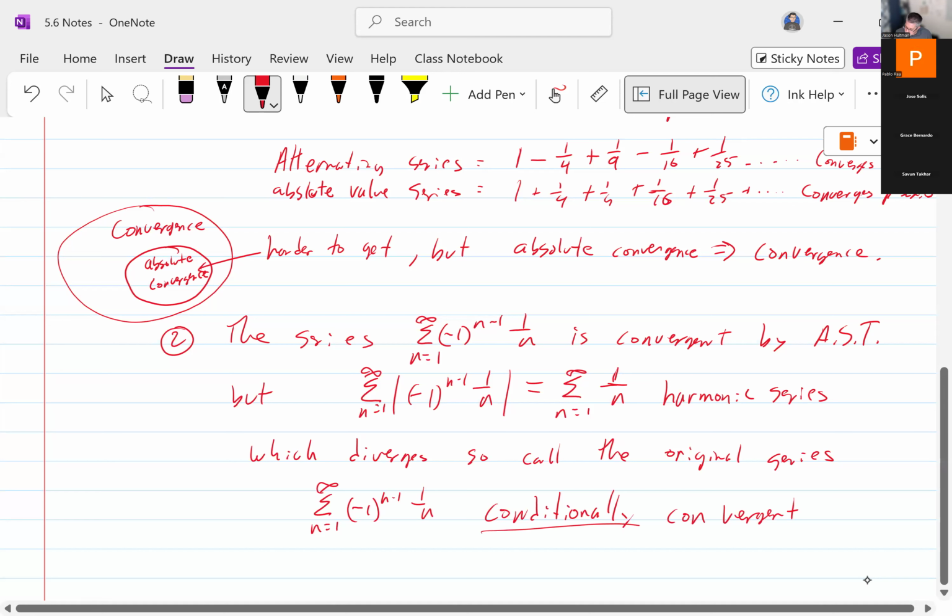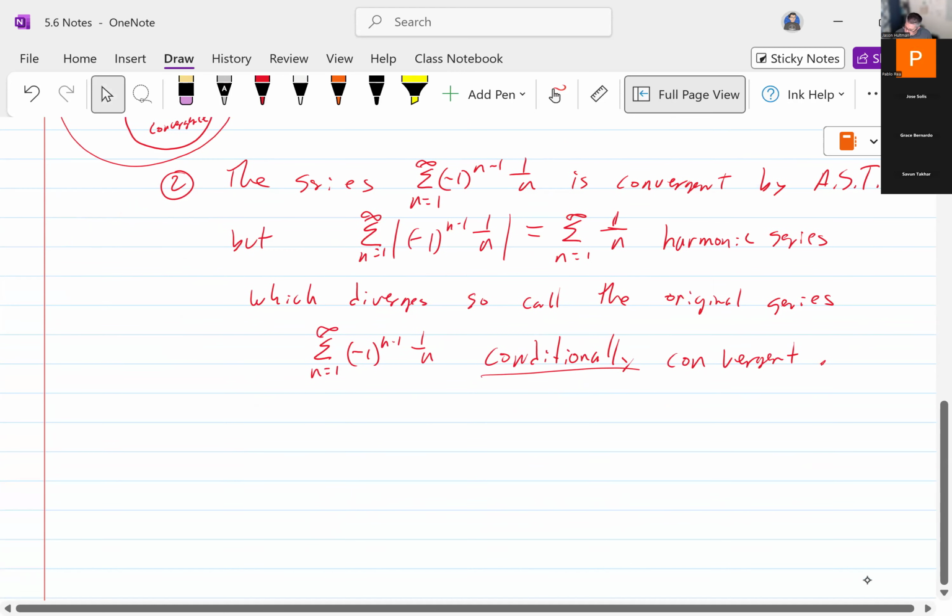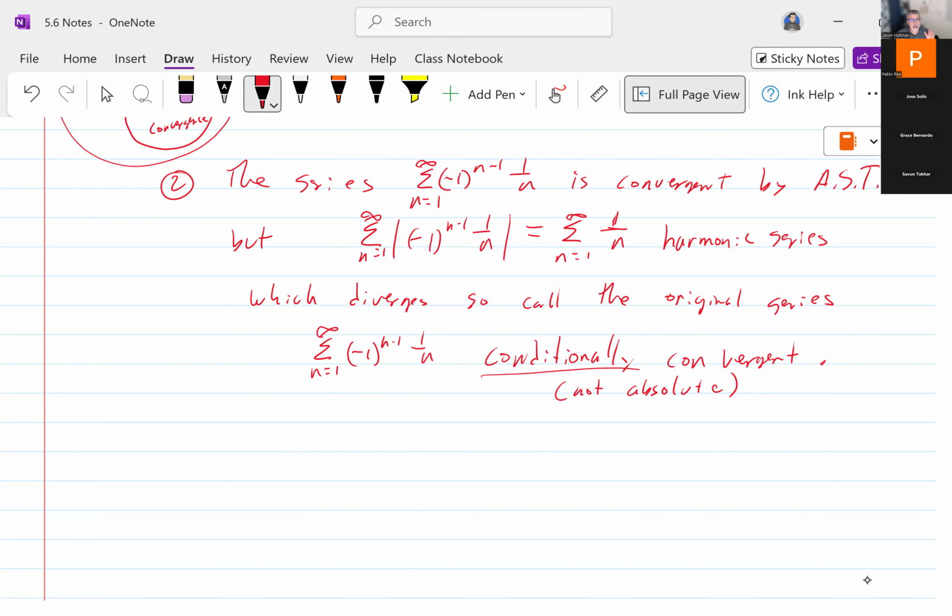It's convergent, but it's not absolute. If it converges, but the absolute values don't converge, we call that conditionally convergent.